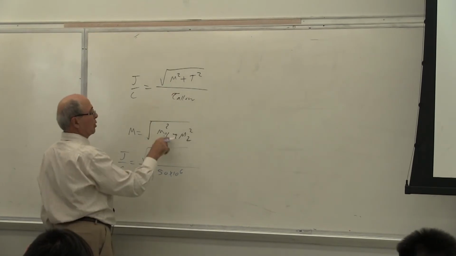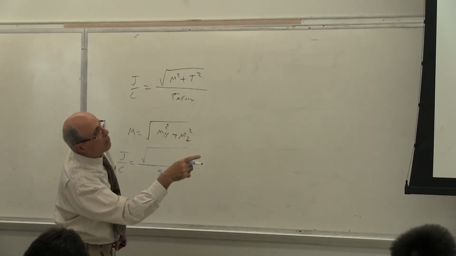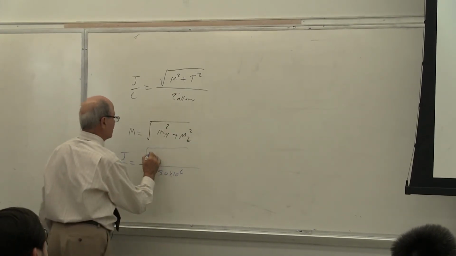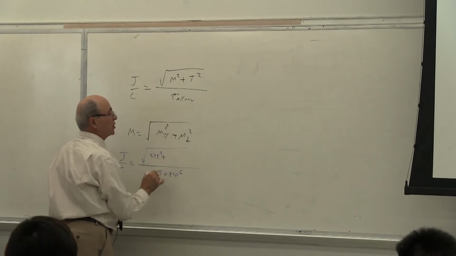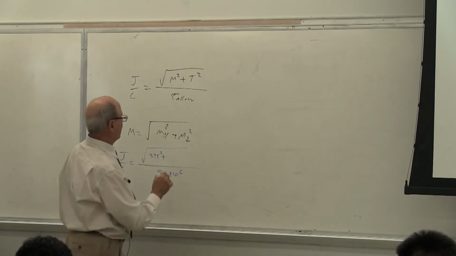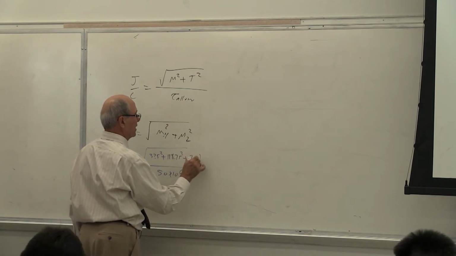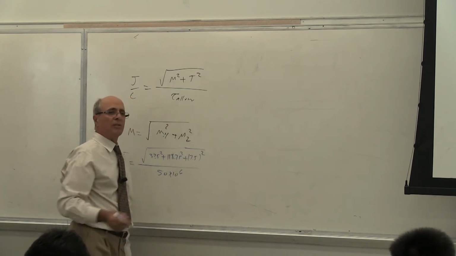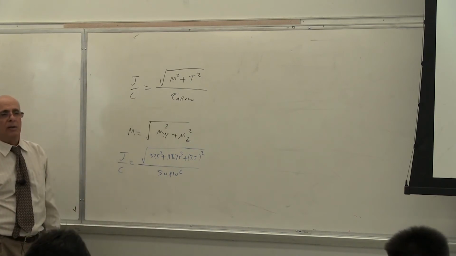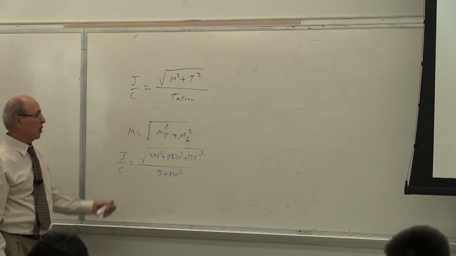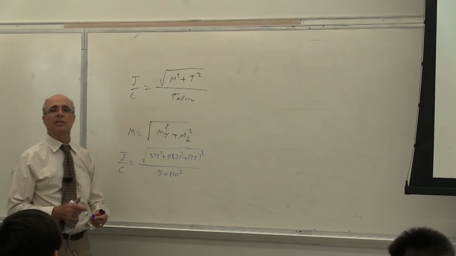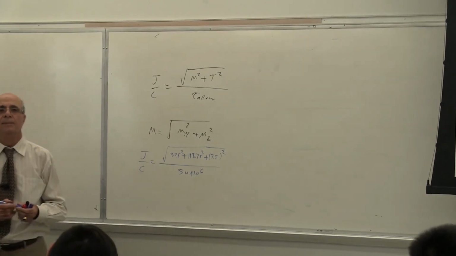M equals My, which is 37.5 squared, plus 118.75 squared, plus 7.5 squared. As you see, none of them requires a sign because all of them are squared, so you solve for it. Is that correct? Or yes?